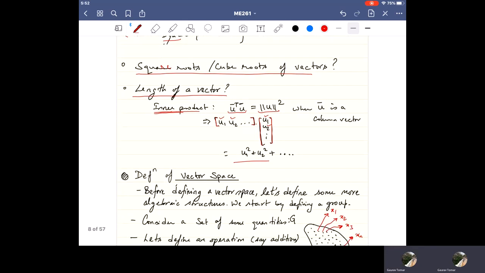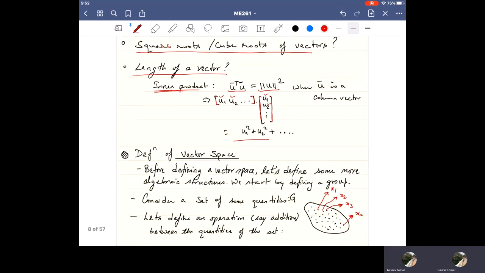Now, before we move further, we should definitely spend some time on the definition of a vector space, right? What is a more generic definition of a vector space? Given a quantity, how can you say that it forms a vector space? Essentially expanding on the particular definition that we have mentioned here, this is your vector.